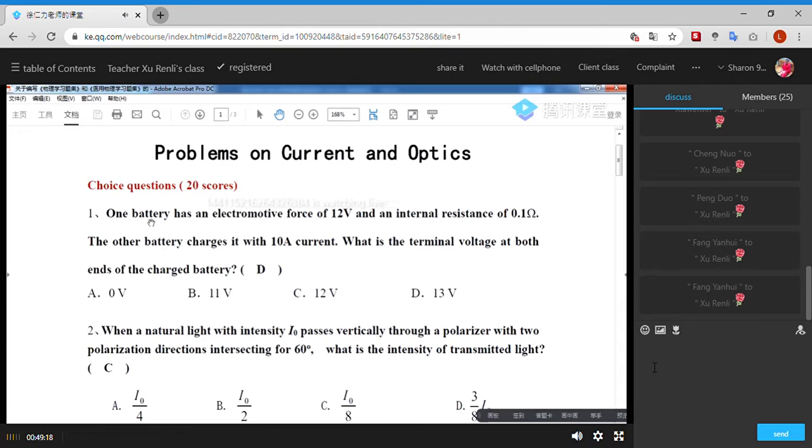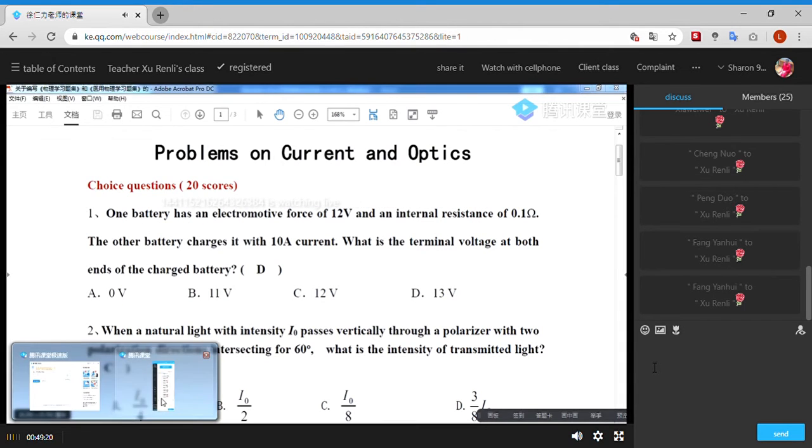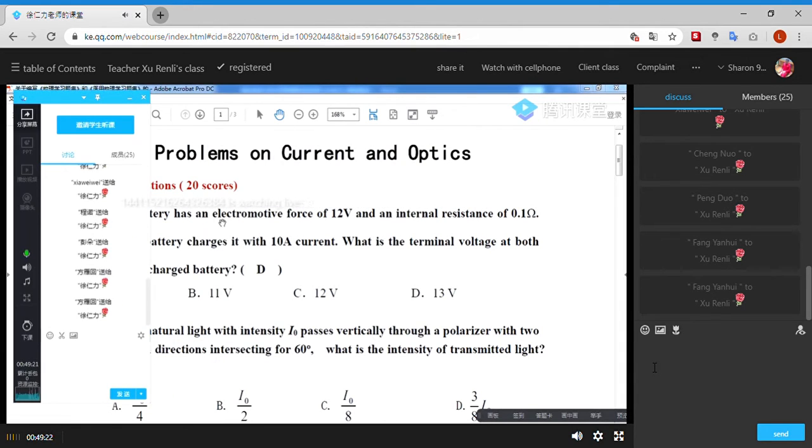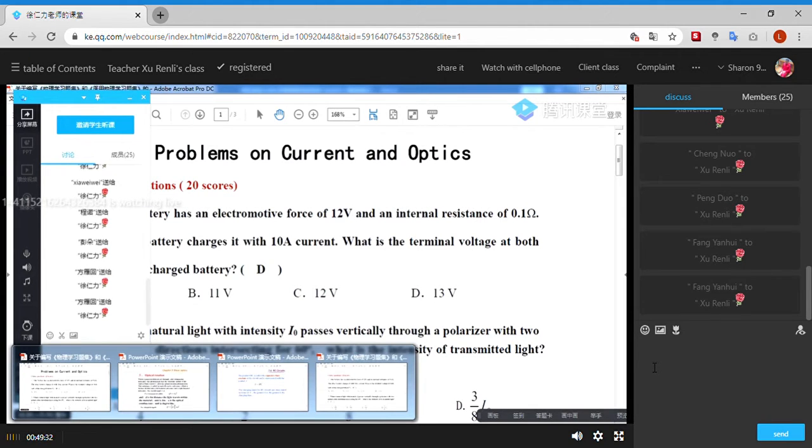One battery has an EMF of 20 volts and an internal resistance of 0.1 ohm.